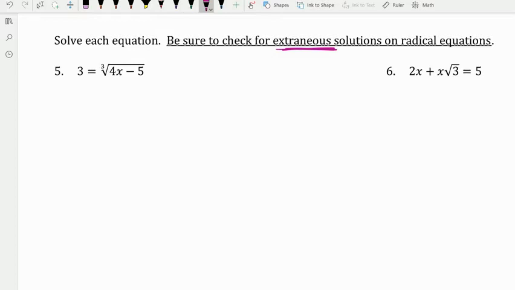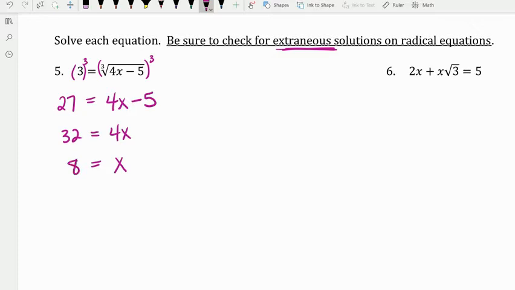So on this one, to get rid of that cube root, I'm going to cube both sides of the equation. 3 to the third power, that's 3 times 3 times 3, that's 27, equals, when I cube the cube root, those two things cancel each other out, so we're just left with 4x minus 5. I'm going to add 5 to both sides, so I get 4x equals 32, and then divide by 4, I'll get x equals 8. Right?